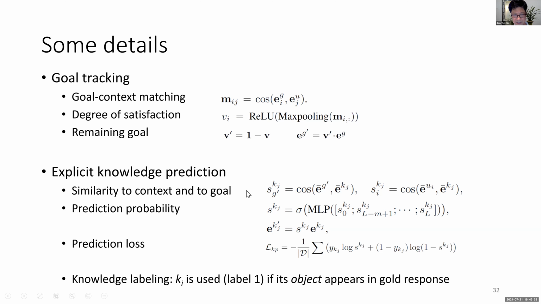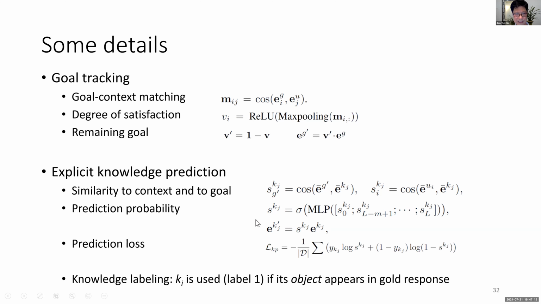In the selection of knowledge, we will first compare the context to the goal to select what are the similarities of different pieces of knowledge with the goal and with the context.